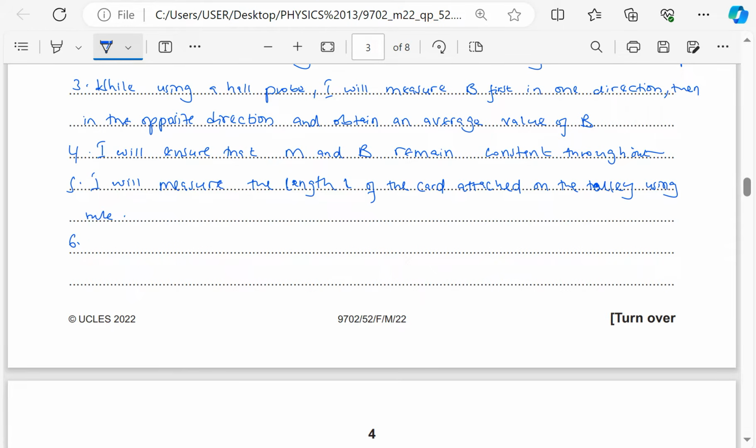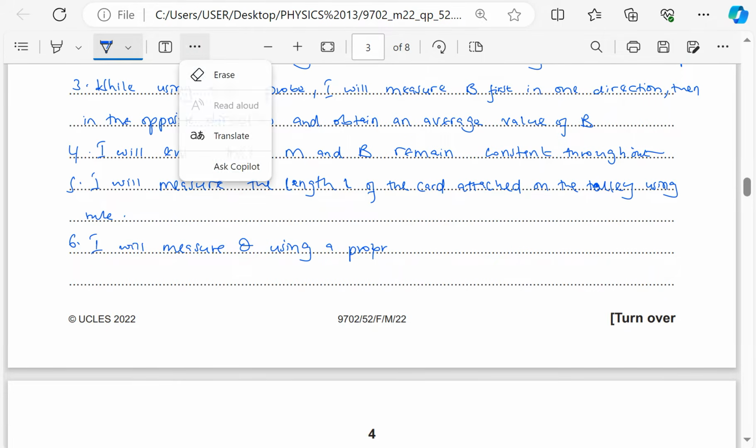So step 6, I will measure theta, of course, that is the angle. Of course, to measure theta, I'm using a protractor. What is the spelling?